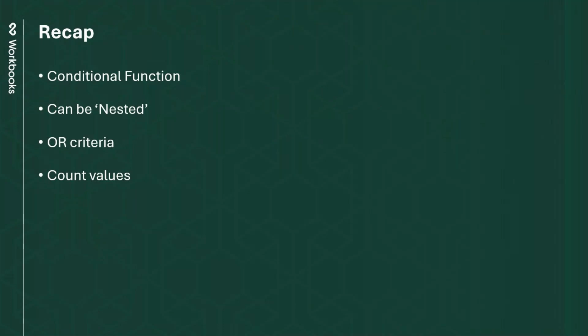Yep. So I've just had another one come in. So let me have a look at this. Within a nested if statement, does the order of the statements matter? Yes, they do, because the way that an if statement works is it looks at the first test that you do. So in the example that I was using, it was looking at the greater than 70,000. And if it meets that, then it will give out a value.